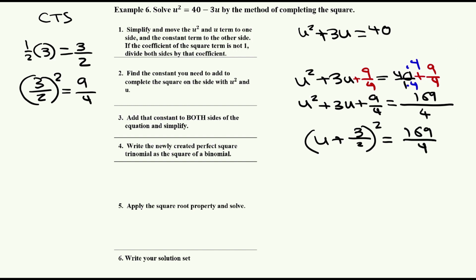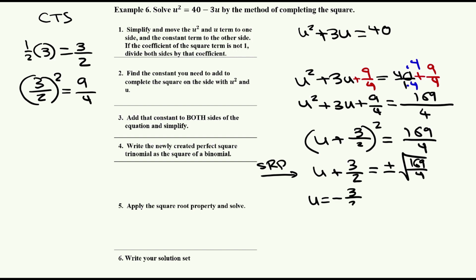Now we're ready to go ahead and apply the square root property, and we end up with u plus 3/2 being either the positive or negative square root of 169/4. So we get u equals negative 3/2 plus or minus, we're subtracting 3/2 from both sides.